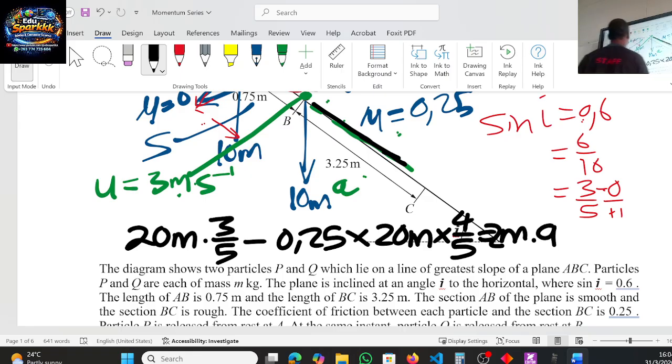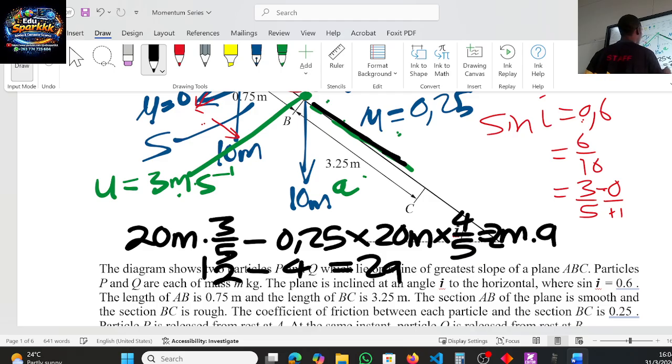The m's cancel, and when I simplify, this gives me 12 minus, with a quarter, a 4, being equal to 2a.